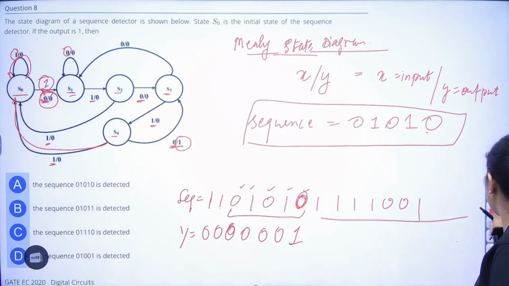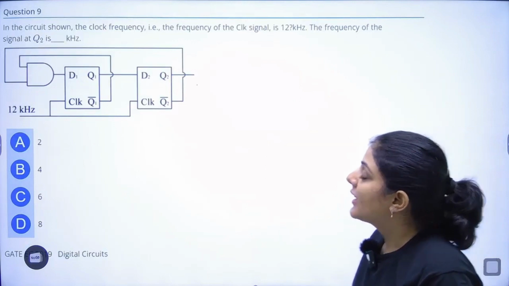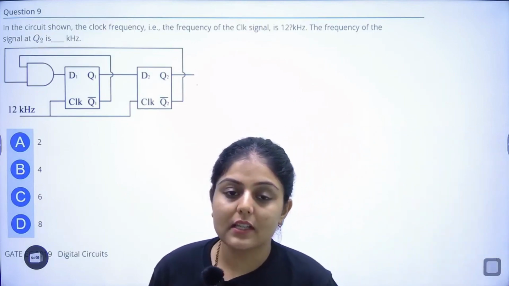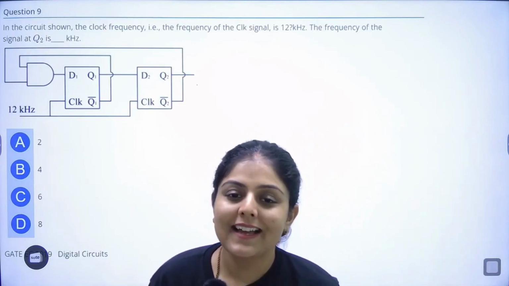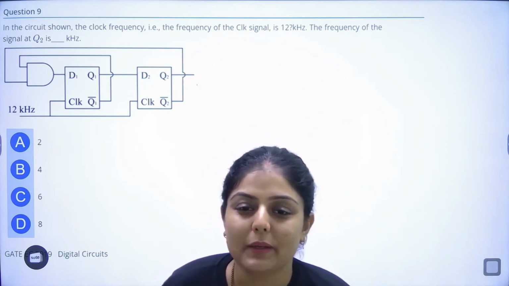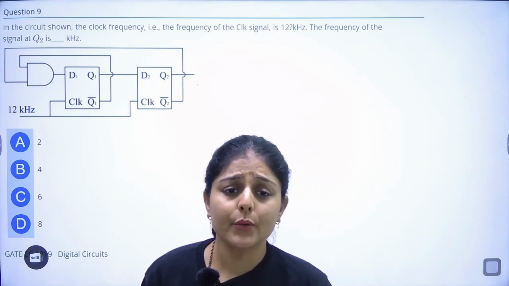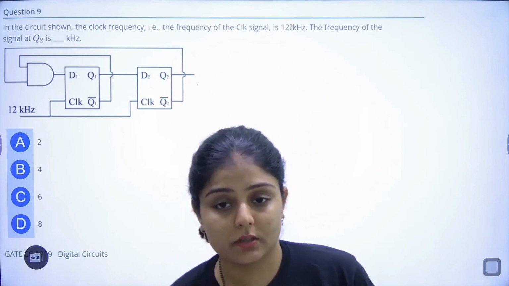Okay, moving on to the next question. In the circuit shown, the clock frequency, that is the frequency of the clock signal, is 12 kilohertz. The same thing repeated again, so that's why I smiled. The frequency of the signal at Q2 is equal to what kilohertz?